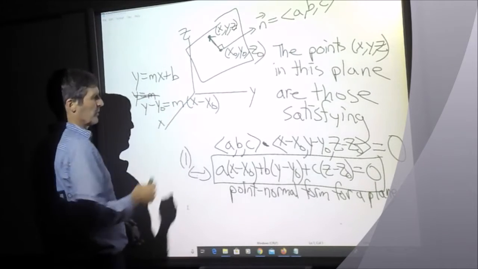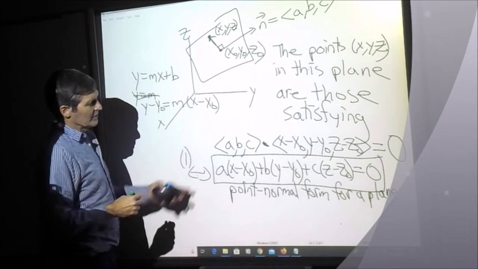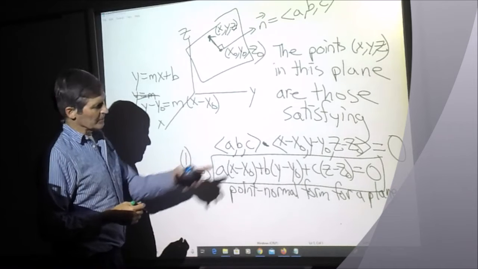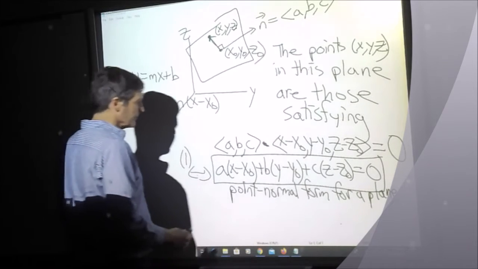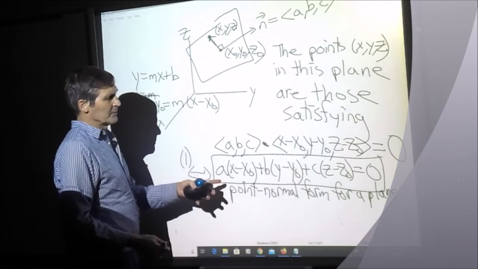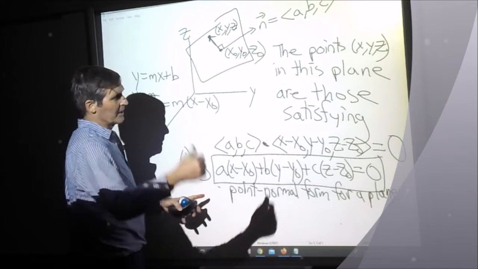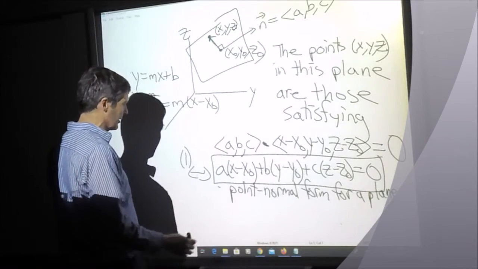Given a point and a slope, you can write down immediately the equation of a line. Just so here, given a point and a normal to the plane, you can immediately write down the equation of the plane. So this is like that. If you want to write an equation for a plane, you try and find a point on it, and you try and find a normal to it, and then you can immediately write the plane equation.